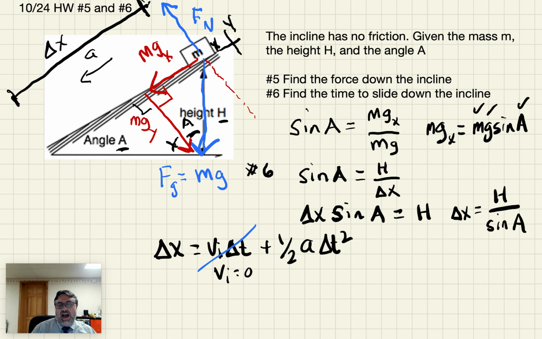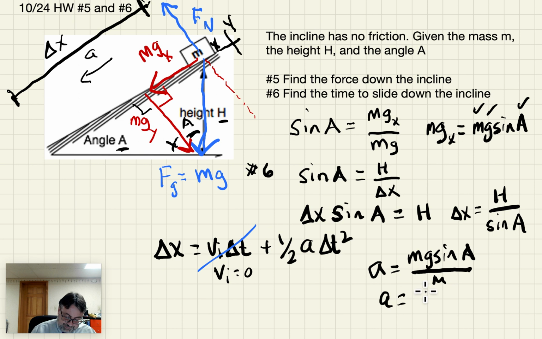And then I note that I know the force down the incline, so I can actually solve for the acceleration as well. The acceleration is simply going to be equal to mg sine of angle A, because that's the force going down the incline, divided by the mass. So A is actually just going to be equal to G times the sine of the angle. I didn't even need the mass to find this.